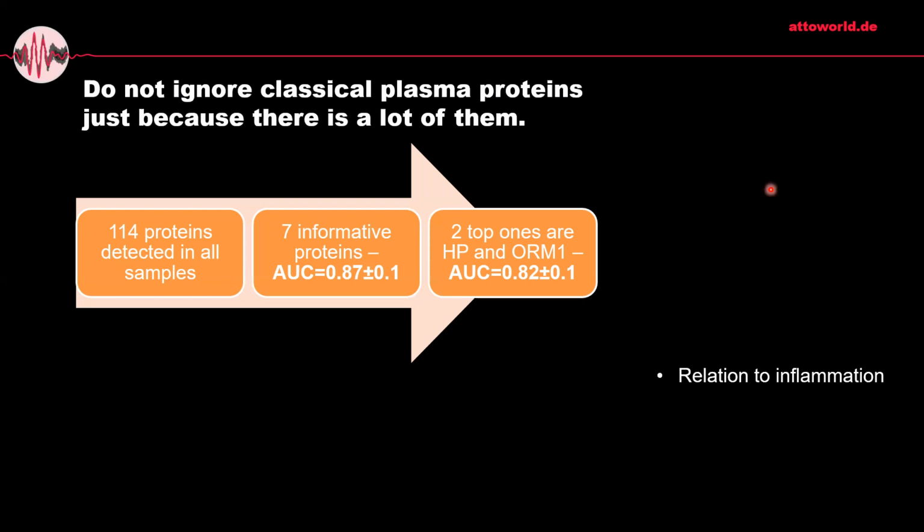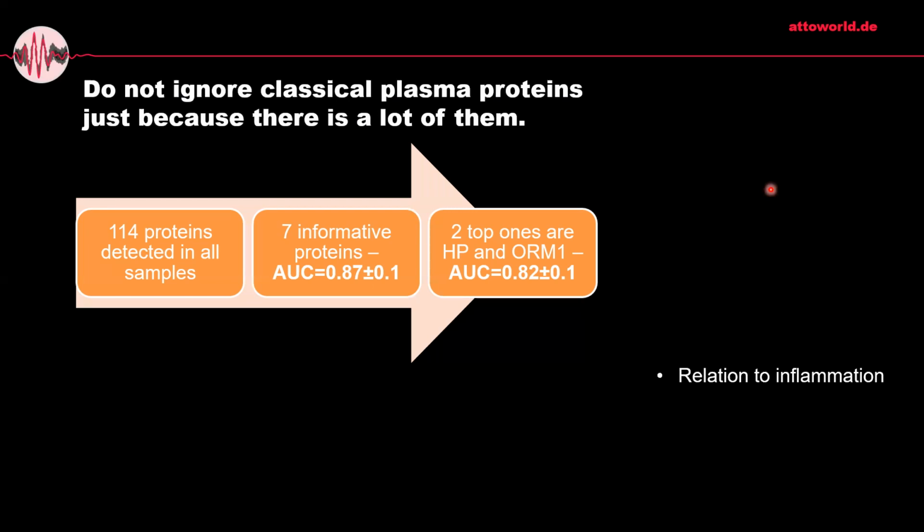However, it's important to note that everything we talked about on these slides is mostly related to inflammation. The proteins that we identified are acute phase proteins, and they also change in different inflammation processes. So we are not claiming that this signature is necessarily specific to lung cancer.